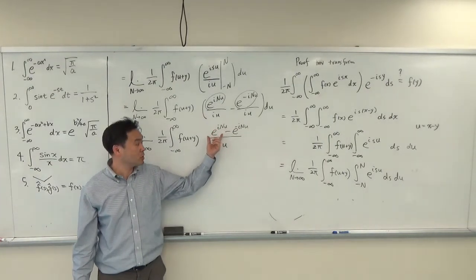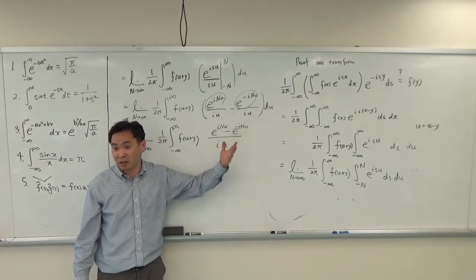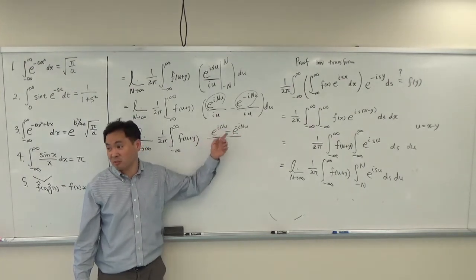So you end up having cosine theta plus i sine theta here, and this one will be cosine theta minus i sine theta, because sine is odd. So the cosines cancel and you end up with sine.